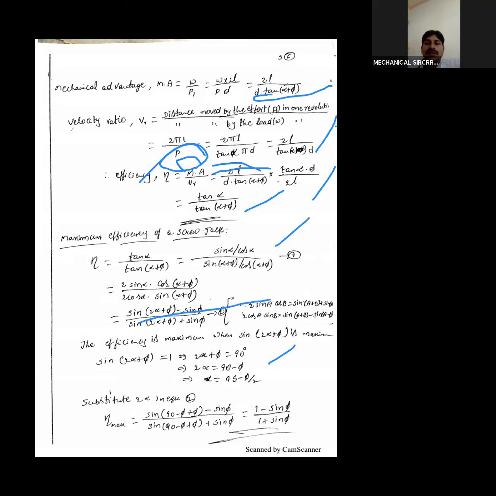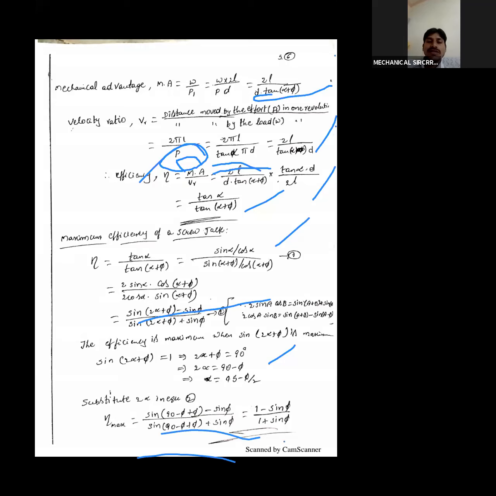All of you observe that we substitute the 2 alpha value in our equation number 2. So eta maximum equals sine of 90 minus pi plus pi minus sine pi, by sine of 90 minus pi plus pi plus sine pi.